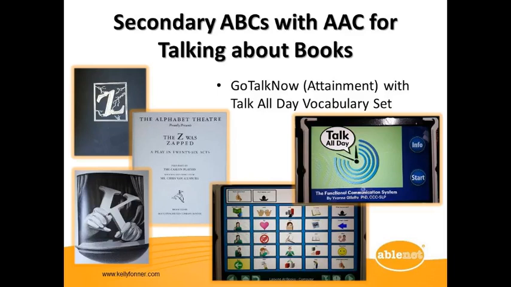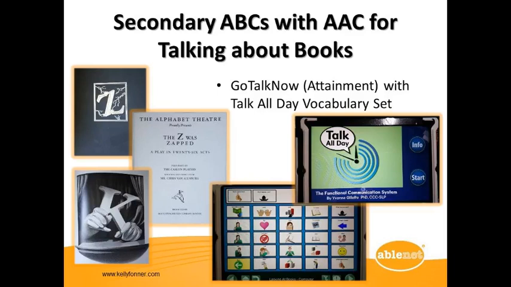When we look at older students, this is actually one of the alphabet books that I had in my high school resource room. So some of the books that encourage creativity, this is the Z Was Zapped. And it's an alphabet book that follows along with kind of the theatrics. It shows each of the alphabet letters on a stage, and the A was in an avalanche.